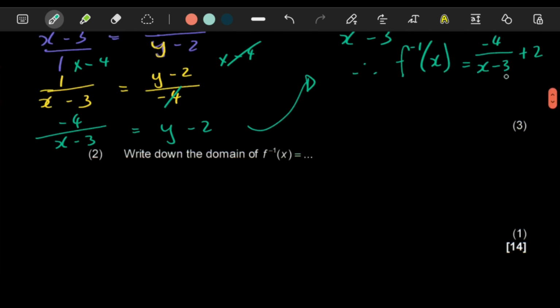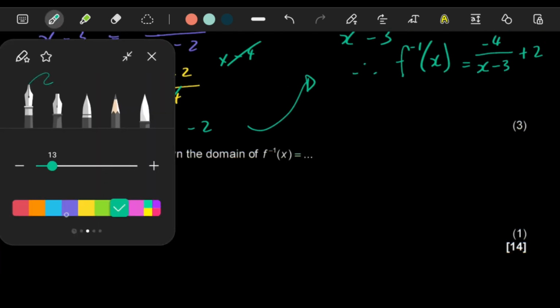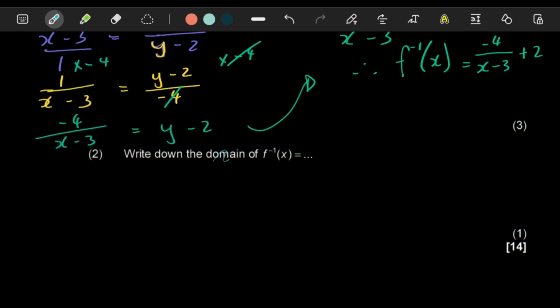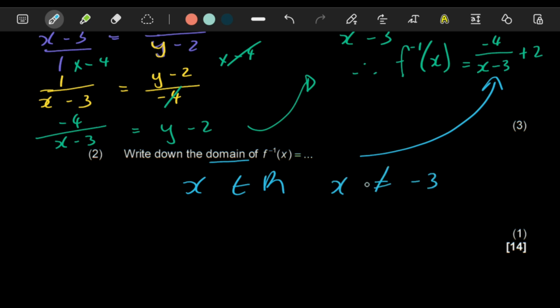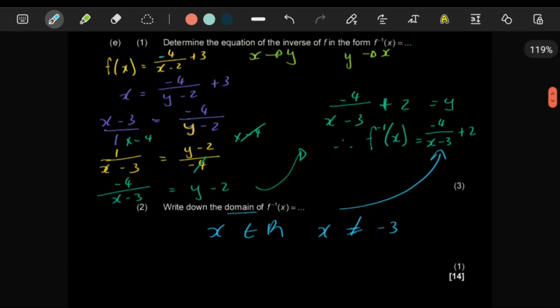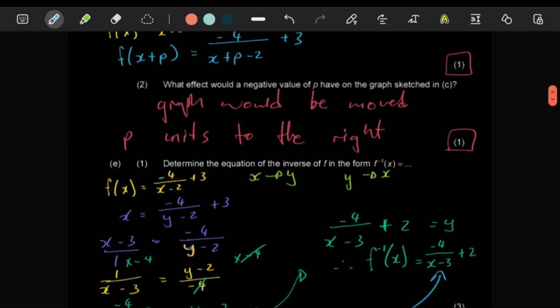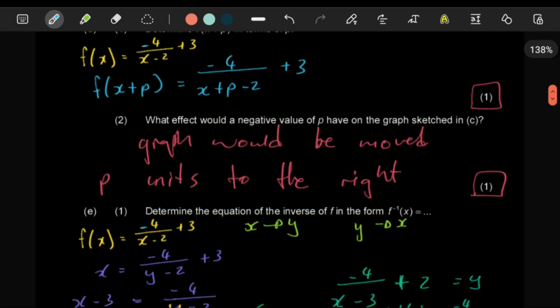Anyways, this being in this format, which is the best format to have, it's easier for you to determine the domain, because when you determine the domain, you just have to look at the x asymptote. So here you're just gonna say x is an element of R, but then x is not equal to -3. The other thing is the domain of your inverse is the range of the original one.